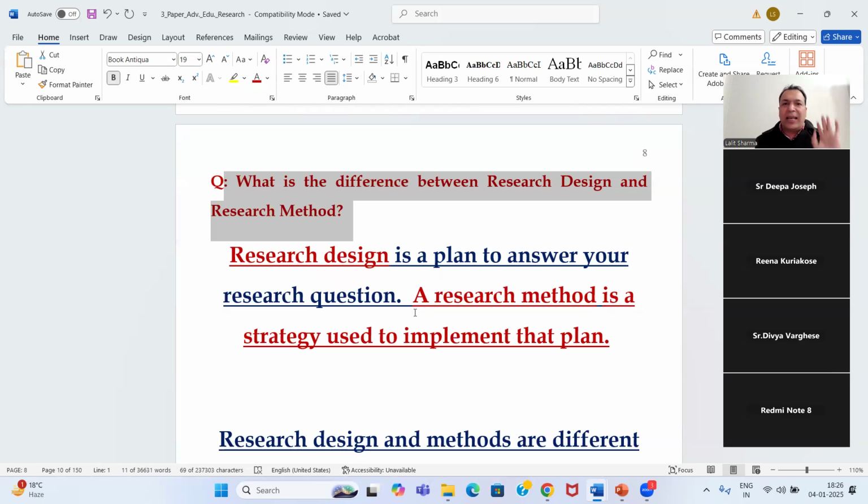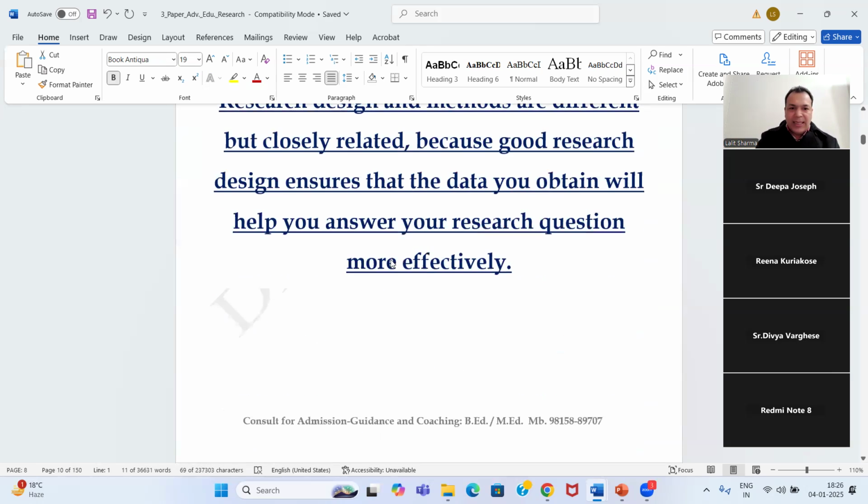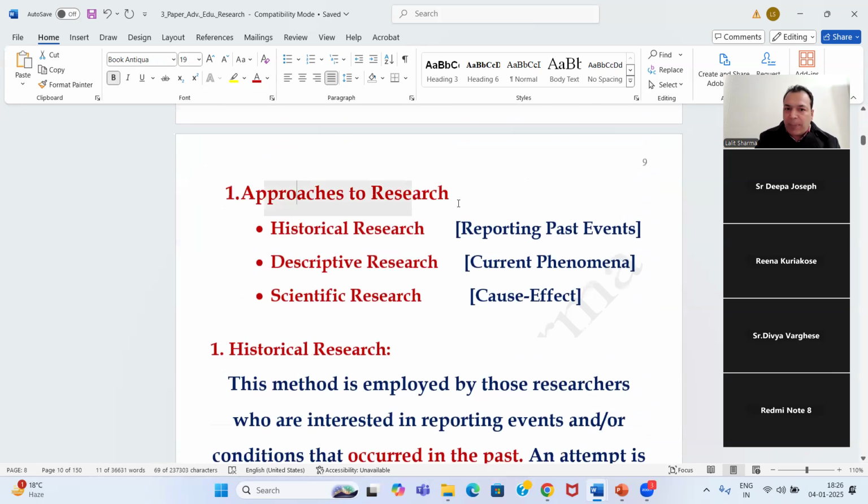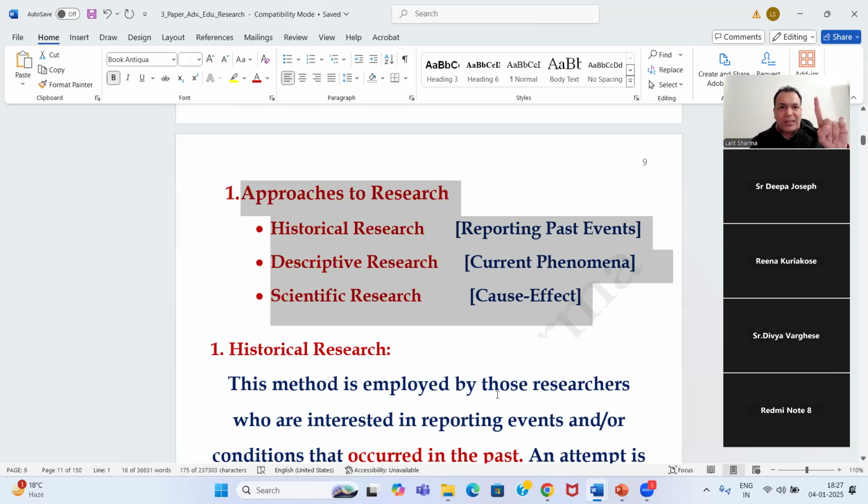And next week on 11th of January, I'm going to conduct a test, right? Because 60% we have already done, and the rest 40-50% we will do today. All the three approaches, if you remember, right? There are only three methods. One is the descriptive method. Descriptive method talks about current phenomena.